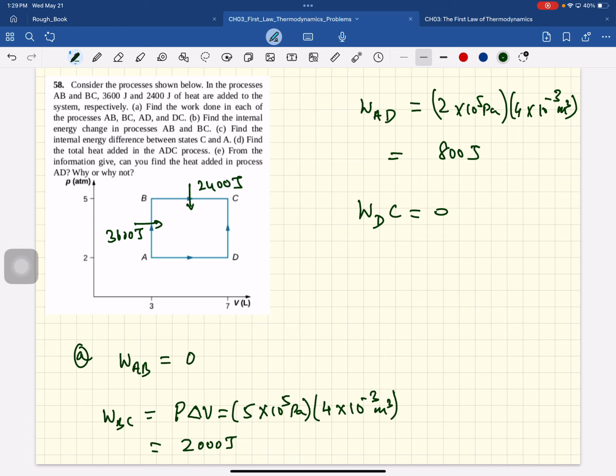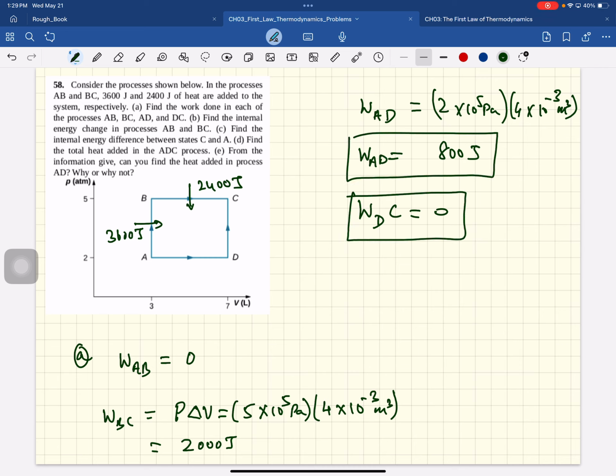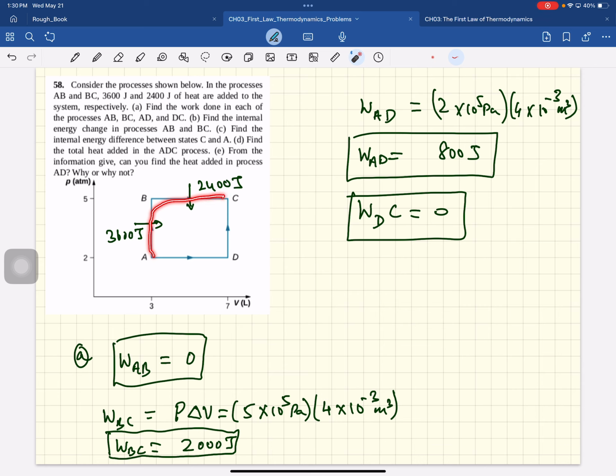So we have the work done for all paths. We said that the work done in going from A to B is path dependent. Along this path, the work done is 2000 joules. Along this path, it is only 800 joules. So you see it's path dependent.